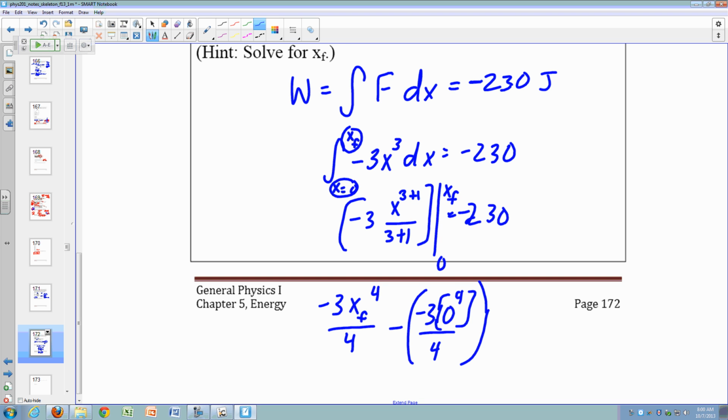So I'm just plugging in xf for my final condition minus my initial condition. This term goes to what? That term goes to 0, because 0 to the 4th is just 0. So that term goes away, and then that's equal to negative 230.